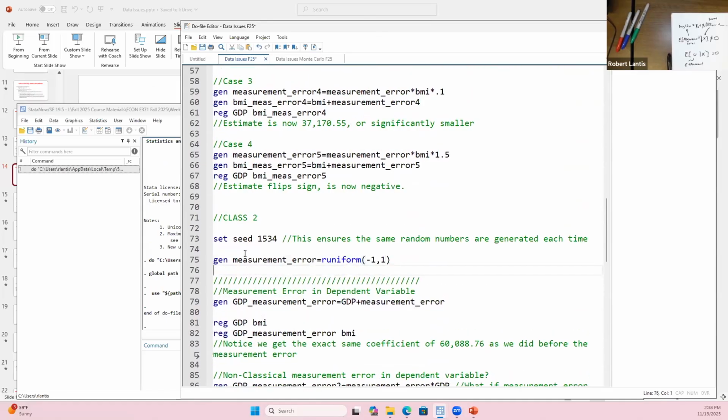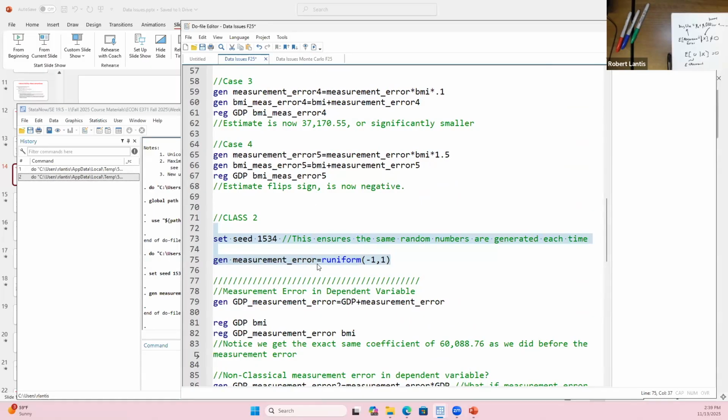I'm going to set the seed so we get all the same random numbers, right? Just so that we're working over the same values if you're working along. And I'm going to create this measurement error, which is uniform from -1 to 1, right? So it's completely random, somewhere in this range. And I'm then going to create this GDP that includes that random measurement error. So we should have classical measurement error.